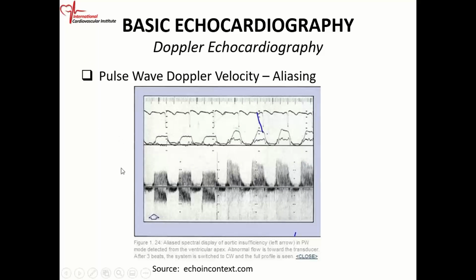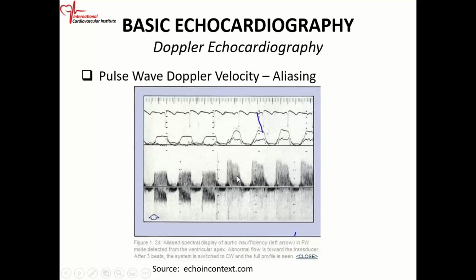So this patient has aortic insufficiency, and they initially use pulse wave Doppler. So again, velocities are on the vertical axis. So this is 1, 2, 3, 4. Once it gets to 2 meters per second, it just cuts it off and puts the remaining velocity down the bottom.